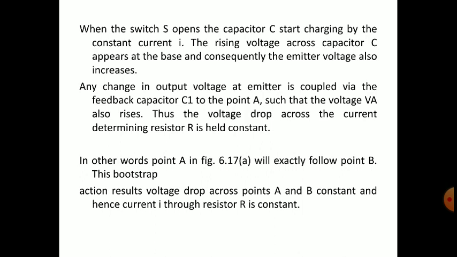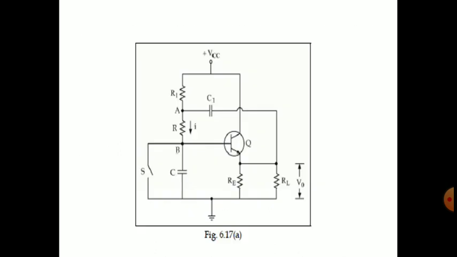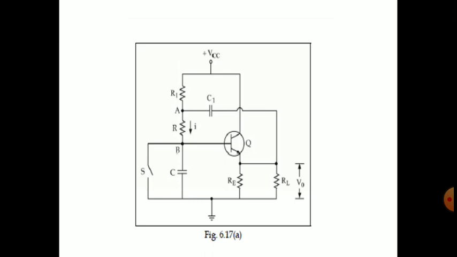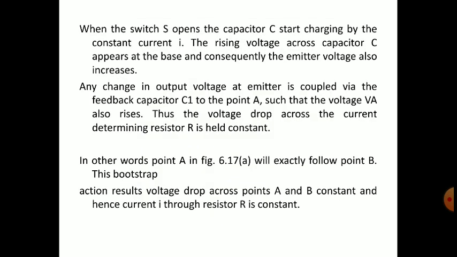Then the capacitor C starts charging by constant current I. The rising voltage across capacitor C appears at the base, right? Whenever C starts to accumulate voltage, it will be available across the base terminal of this transistor, which will drive the transistor to the on position.